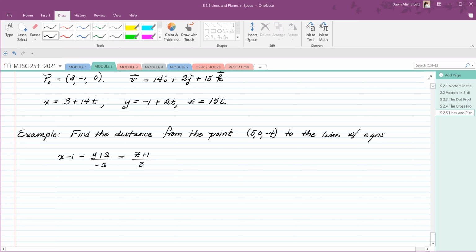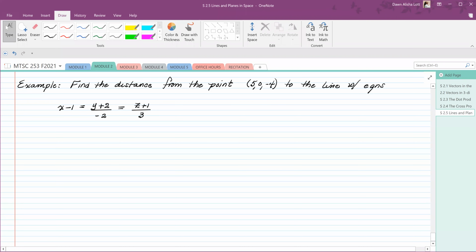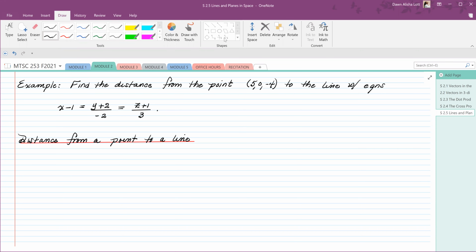Okay, so I'm trying to find the distance from a point to a line. All right. Okay, so this is how we do it. Distance from a point to a line. Okay, so here is my 3 space.